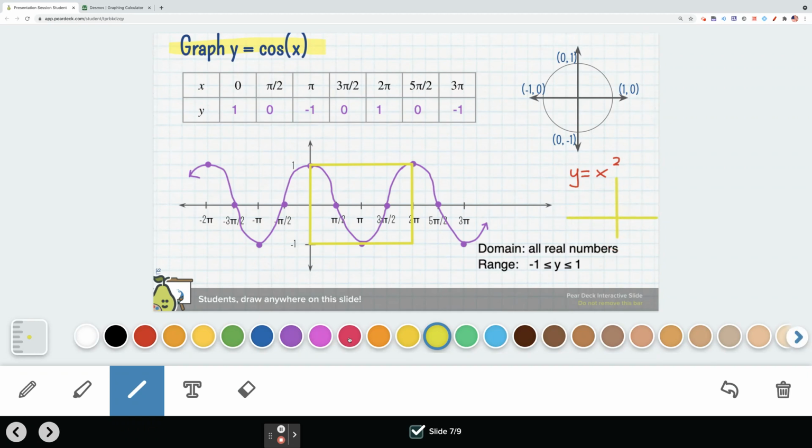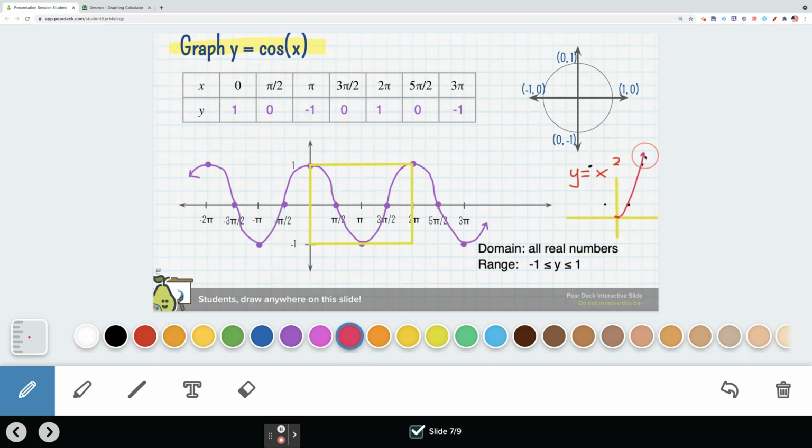The graph started here, and then remember, because the leading coefficient was 1, I went over 1 and up 1, over 1 and up 3. You remember all this. And then you could absolutely connect these dots, right? And you'd get your parent quadratic function.